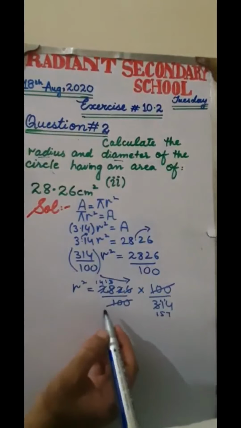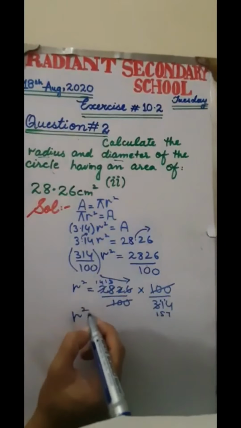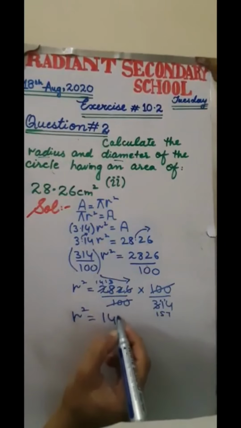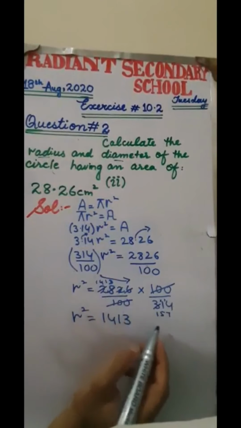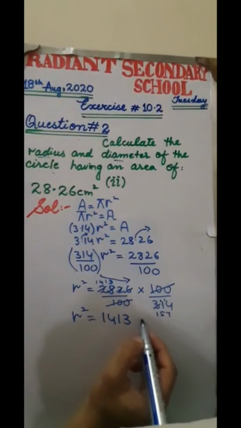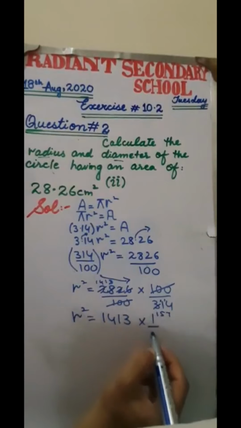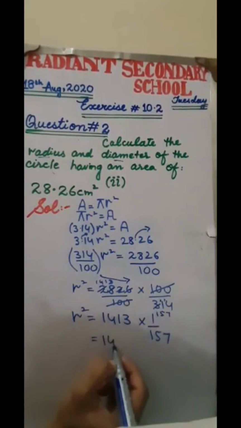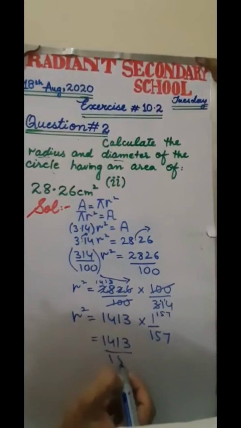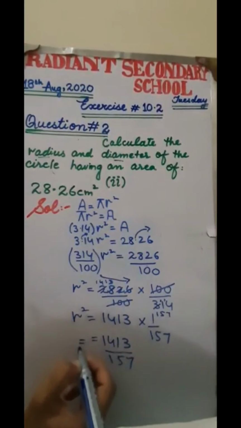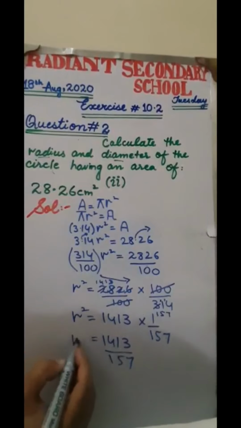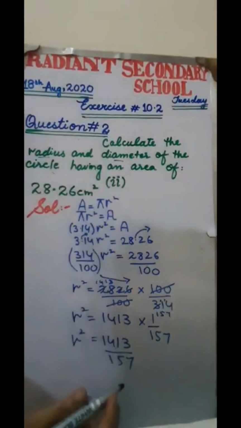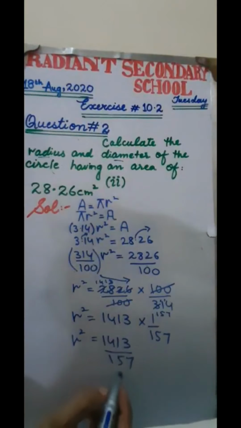Okay, now r square is equal to 1413 remaining here, multiplied by 1 over 157. Now it becomes 1413 over 157. When we divide 1413 by 157, the answer becomes 9.